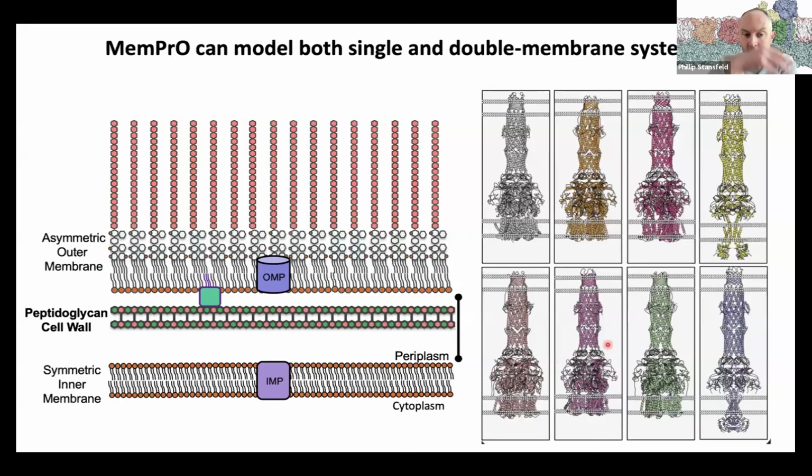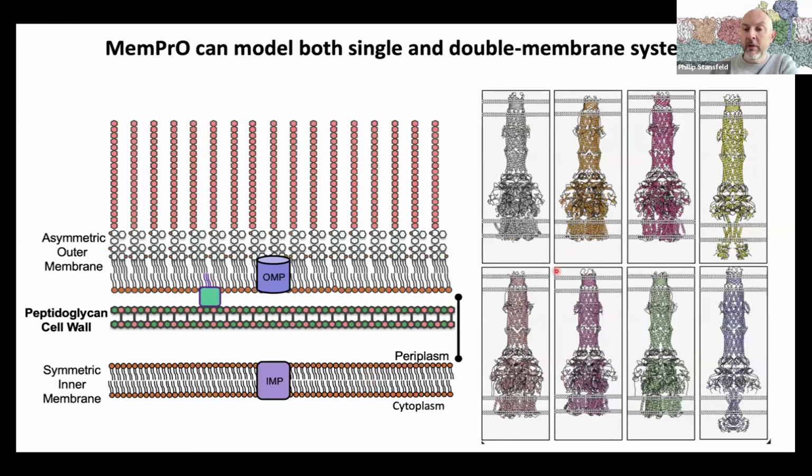And not only does this work to orient single membrane proteins within their bilayer, it also works on double membrane systems. And as I said at the outset, we're very much interested in cell envelopes of bacteria. And many bacteria are diderms. They have two membranes, both an outer membrane and an inner membrane.